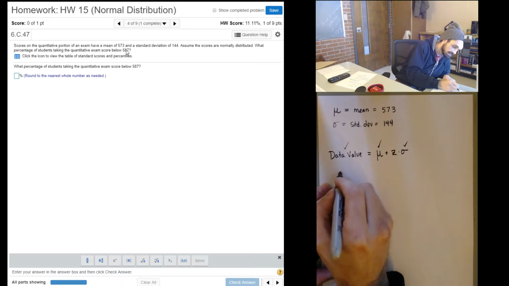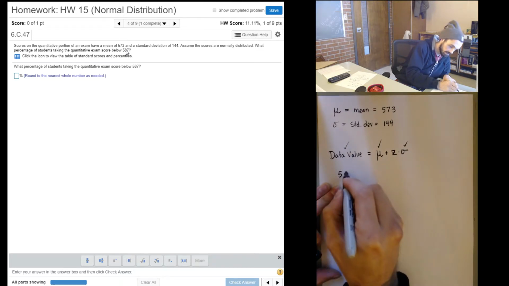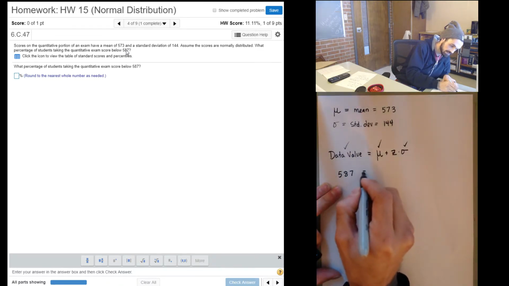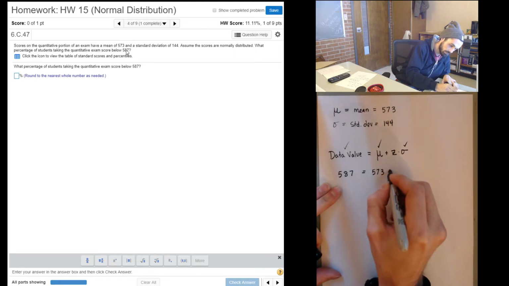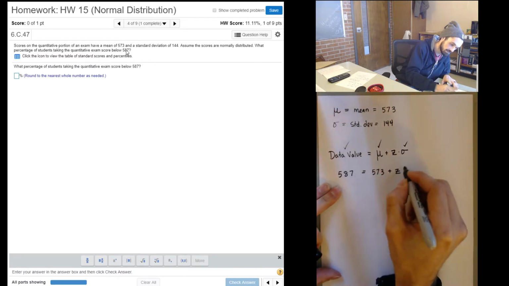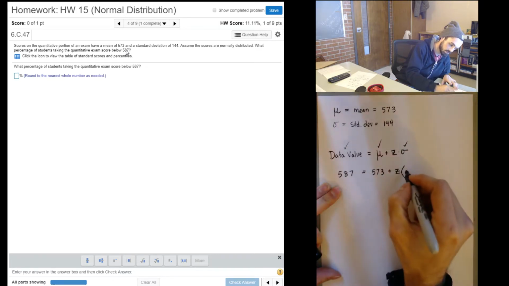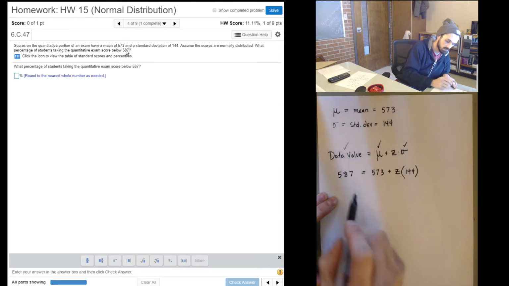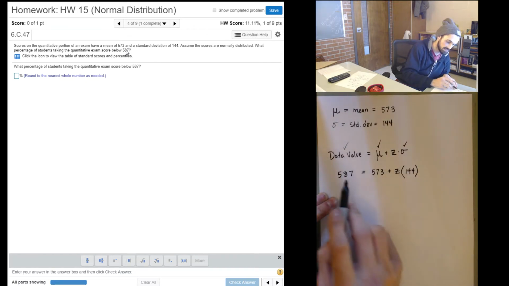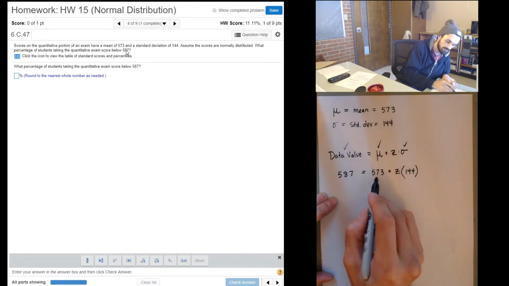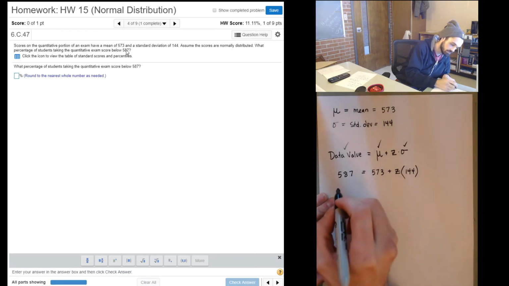So we can set this up to be 587 is equal to the average, 573, plus z times sigma, which is 144. So we need to rearrange this equation and solve for z, which says take 587, subtract 573, divide the total by 144.